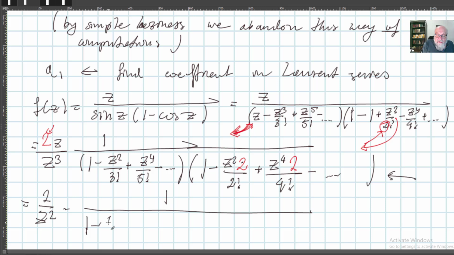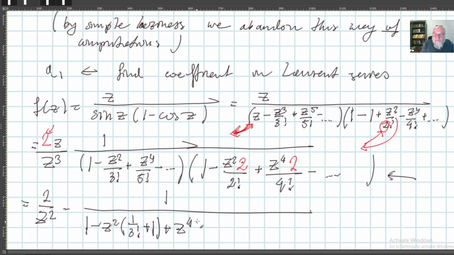So I'm getting minus, and then you have here z squared, and what do I have here? 1 divided by 3 factorial, and then it is again 1. So 2 by 2 is 1, so this will be a plus 1. And then I have plus z^4. And what is z^4?